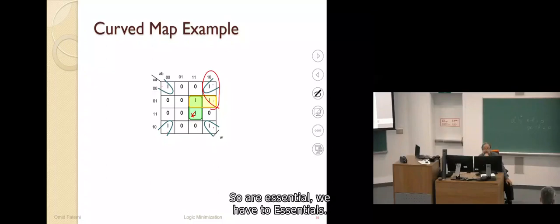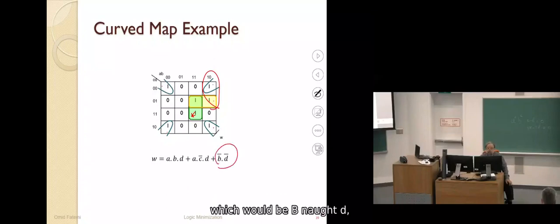So we have two essentials, and if we write these two essentials, these four would be B not D, and the green one is A D, A B. Yes, this one is the green one.